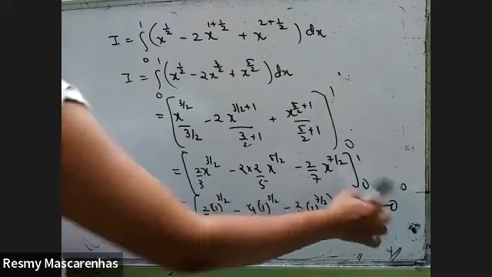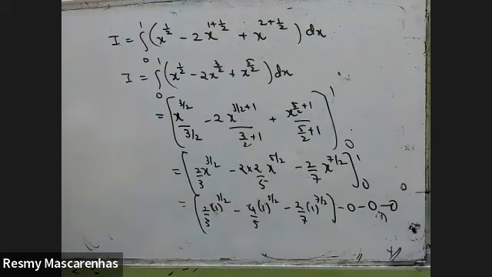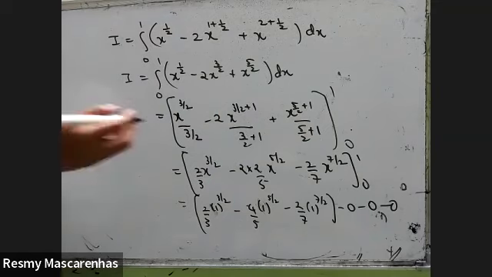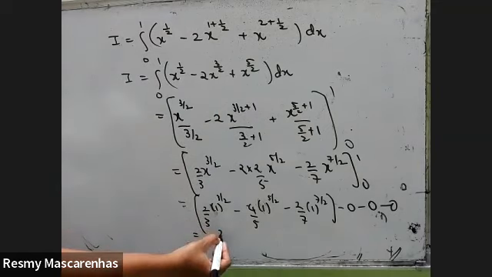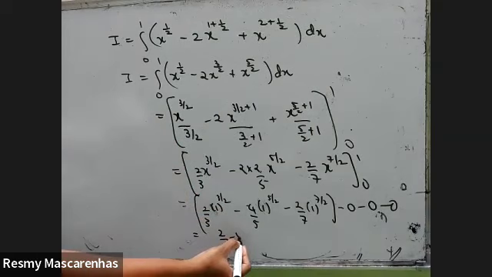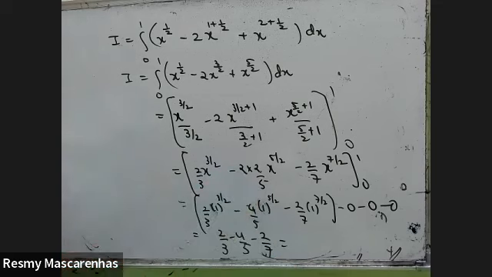Anyways, this is all 0. 1 raised to anything is 1 only. And find the LCM, calculate the value, and then you write.